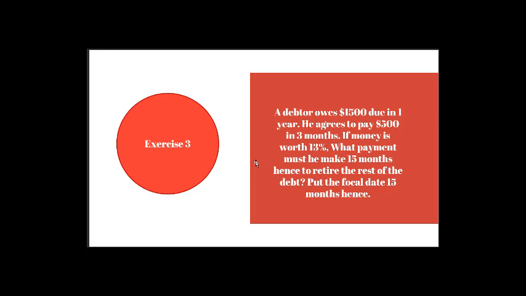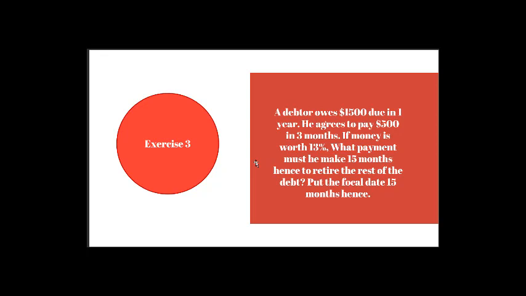Again, a debtor owes $1,500 due in 1 year. He agrees to pay $500 in 3 months. If money is worth 13%, what payment must he make 15 months hence?